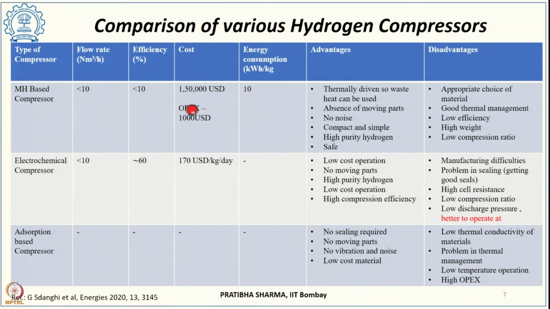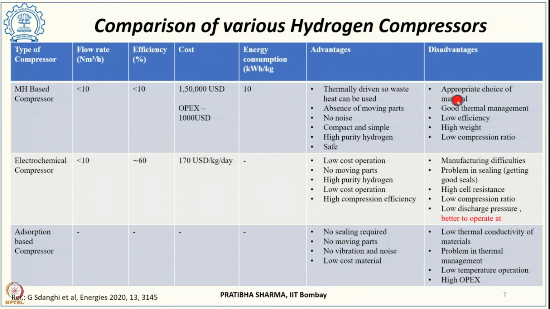The advantage is the metal hydride compressors are thermal driven devices and even waste heat can be used for driving the absorption desorption process. There is an absence of moving parts, no vibration and noise, they are very compact and simple, we can get high purity hydrogen, no contamination, these are safe to operate.